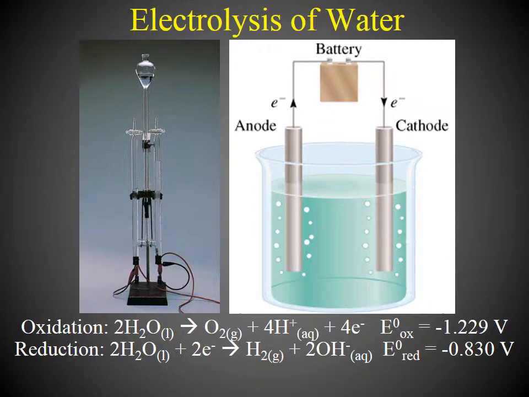The oxidation of water, of course, occurs at the anode, and the half cell voltage is negative 1.229 volts. The reduction occurs at the cathode, and that value is negative 0.830 volts.